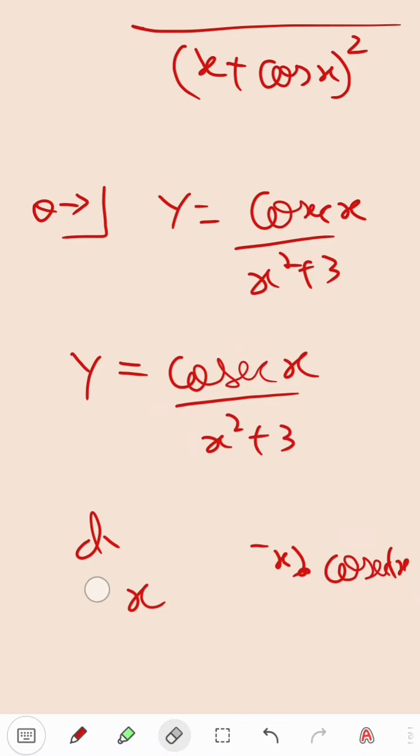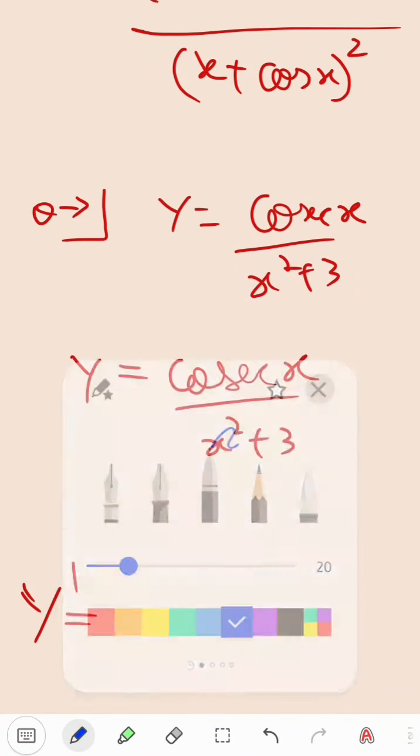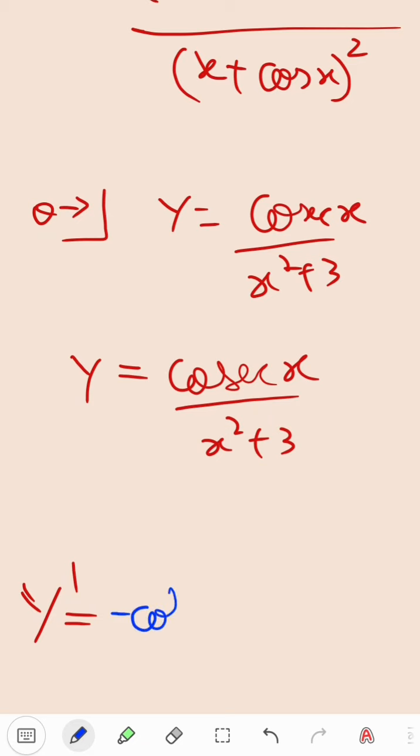Okay, wait, let me write it in a better way. I am directly writing y dash, not dy by dx, due to lack of space. So minus cot x into cosec x, they are multiplied, okay.